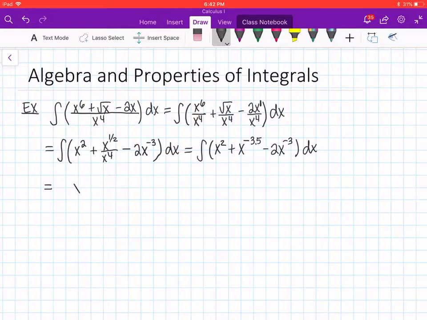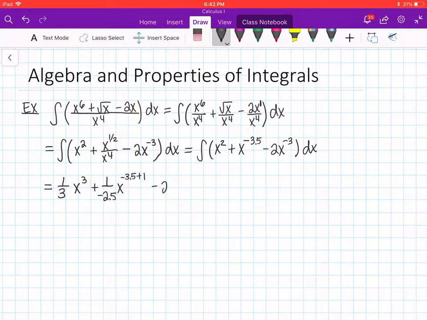So here's the antiderivative. We got x, and then 2 plus 1 is 3, and then the coefficient is 1 over the new exponent. Next we have x to the negative 3.5 plus 1. If we do that in our heads, we get negative 2.5. So our coefficient is 1 over negative 2.5.